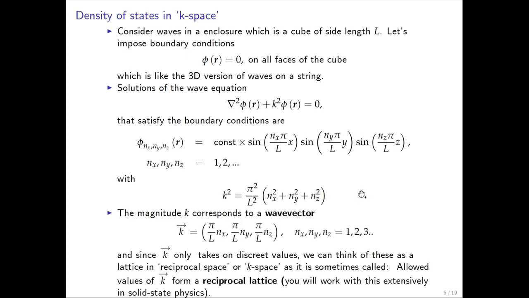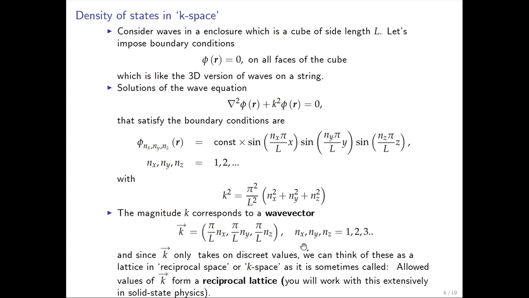And so the magnitude of k corresponds to a wave vector. Once we specify these numbers, we can think of this wave vector k that has 3 components in 3D, which is pi over L times these integer numbers, which specify the levels for a particle in a box.